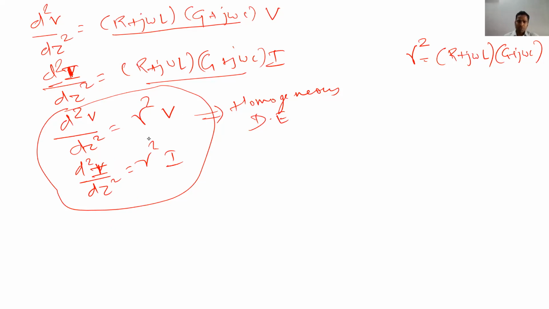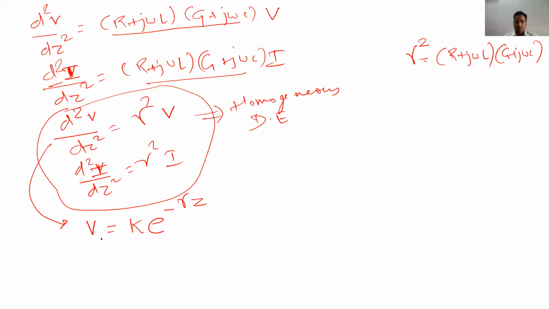We know for a homogeneous equation, what is the solution? V is equal to some constant, and if we talk of this, V will be some constant into e raised to minus gamma into z. Okay. This is the solution for this.